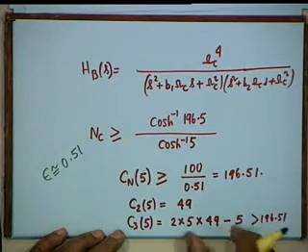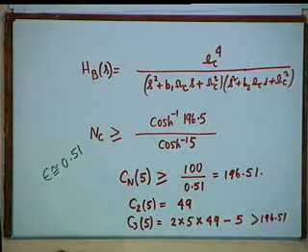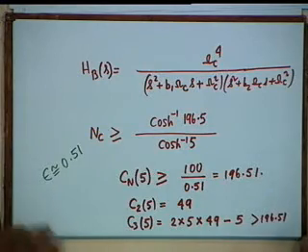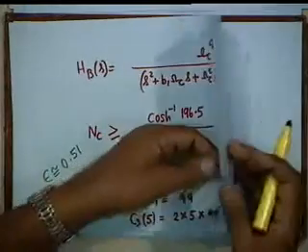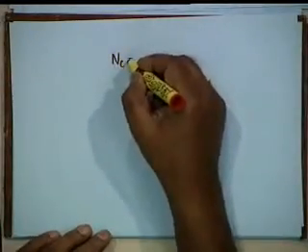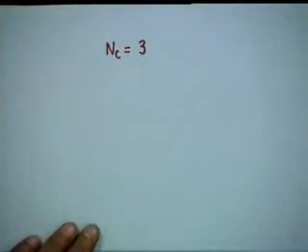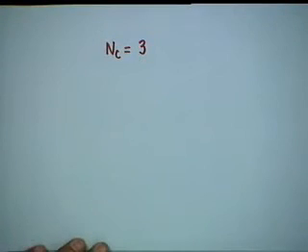You do not even have to calculate this. Okay, 490 minus 5, 485. So you can do this. Therefore, compared to the Butterworth, Chebyshev uses a lower order, third order, and it reduces the cost.